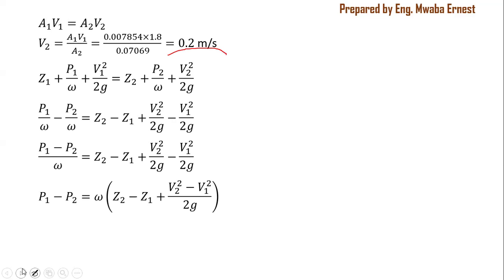Then you can cross multiply. Our target is the pressure difference, P1 minus P2, so you just cross multiply by omega to get rid of it. So it sits now as omega times Z2 minus Z1 plus V2 squared minus V1 squared over 2g.